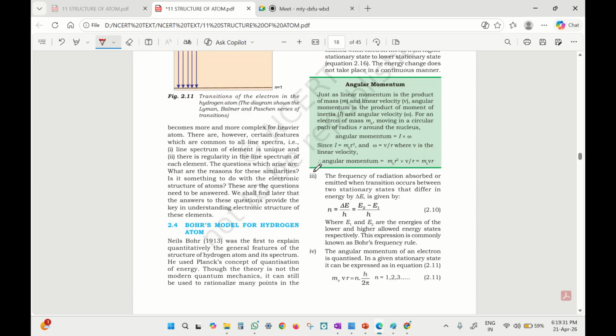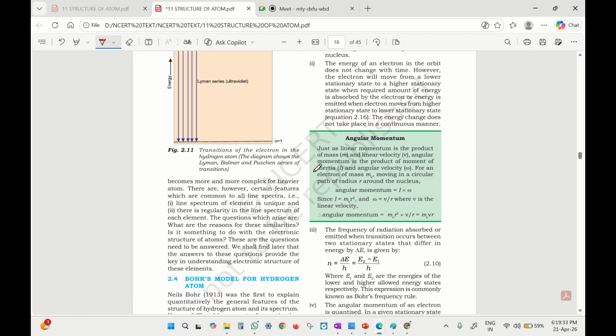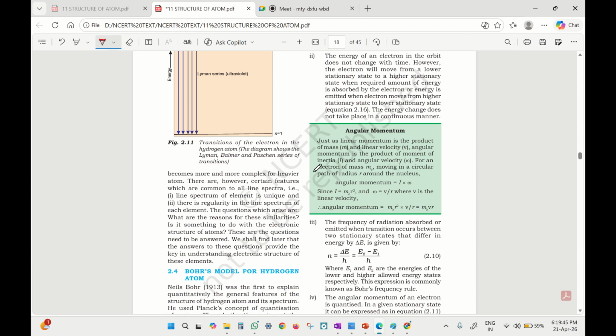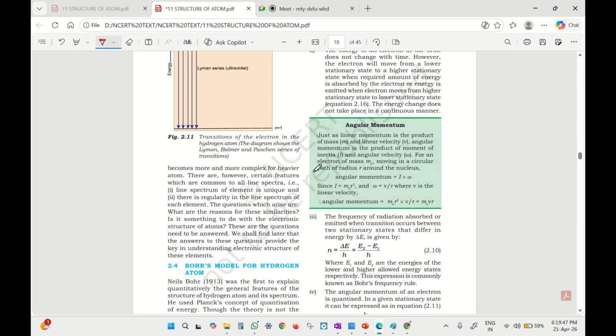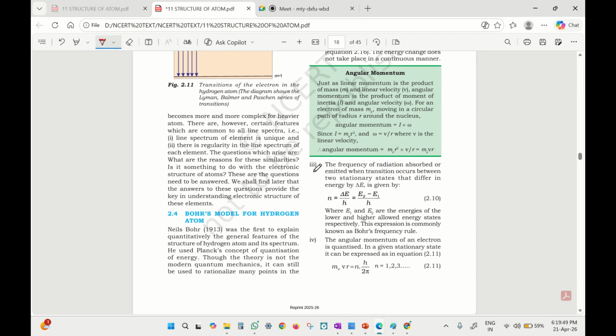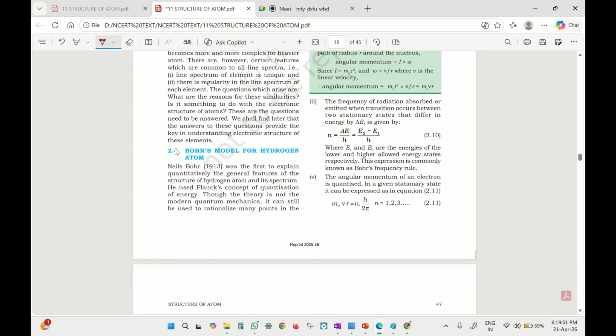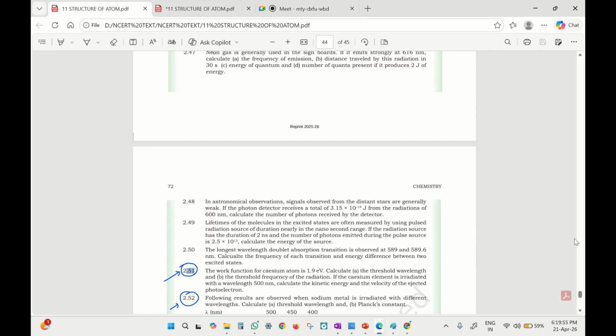So, topics connected with light. Light has wave nature, and light has also got particle nature. The evidence of light having particle nature comes from the photoelectric effect and black body radiation. So we will do it in detail and then only we will come to Bohr's model. So far the flow is clear, children?